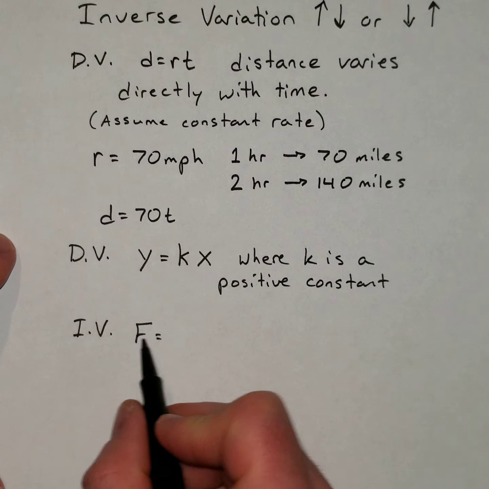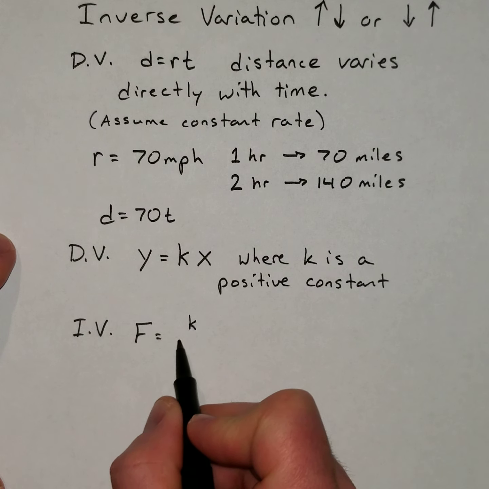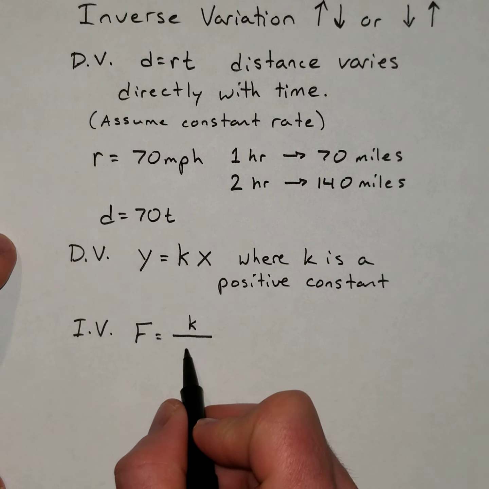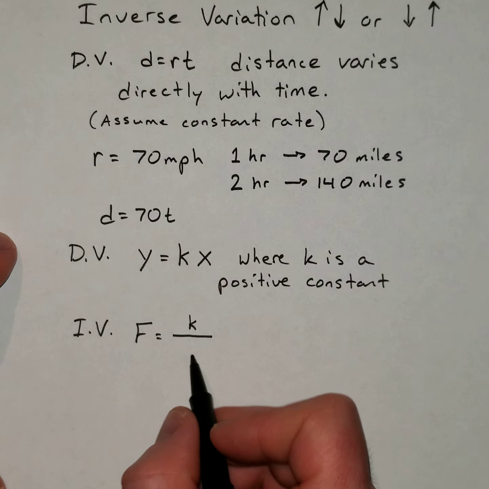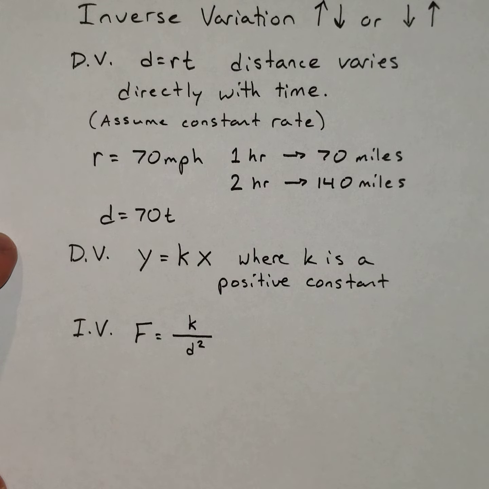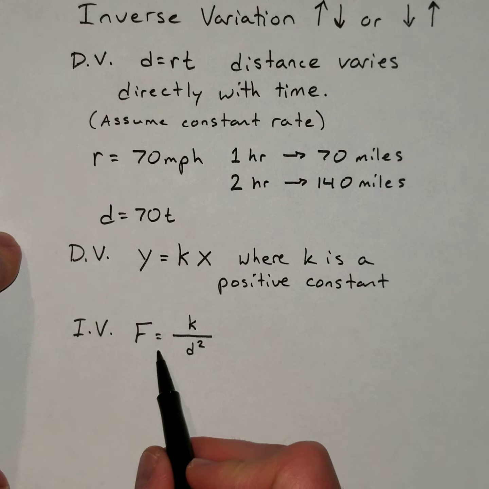Okay, so the force of gravity is some constant divided by, in that case, the distance squared, and we'll call it d squared. Okay, it's the square of the distance between the two objects.